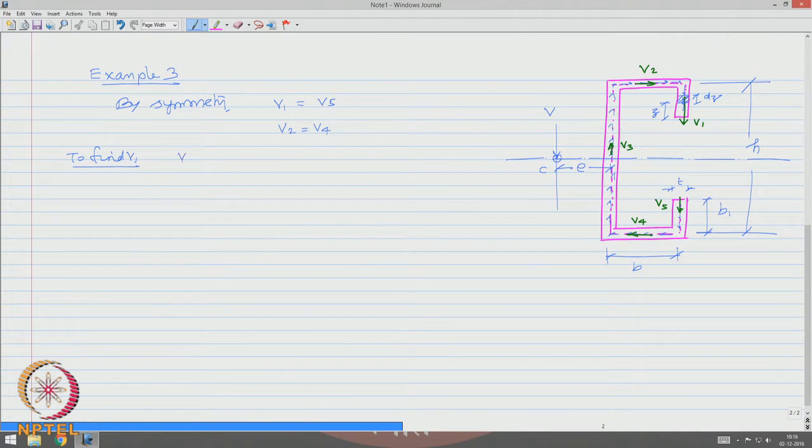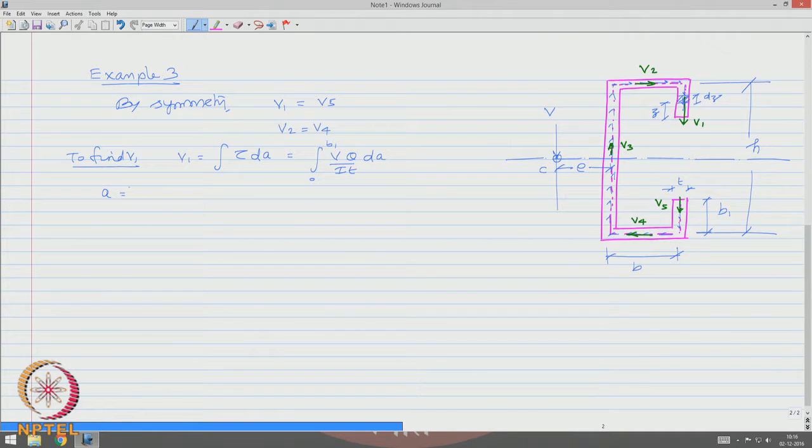We know V 1 is integral tau dA, which is integral V q by I t dA for the distance 0 to B 1, because that is the strip value 0 to B 1.